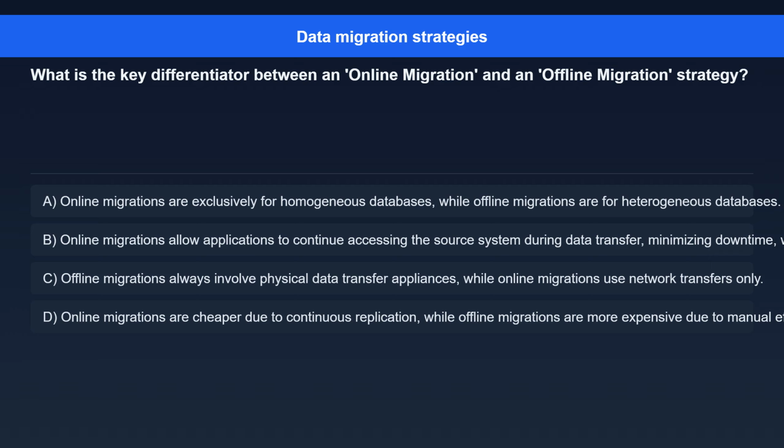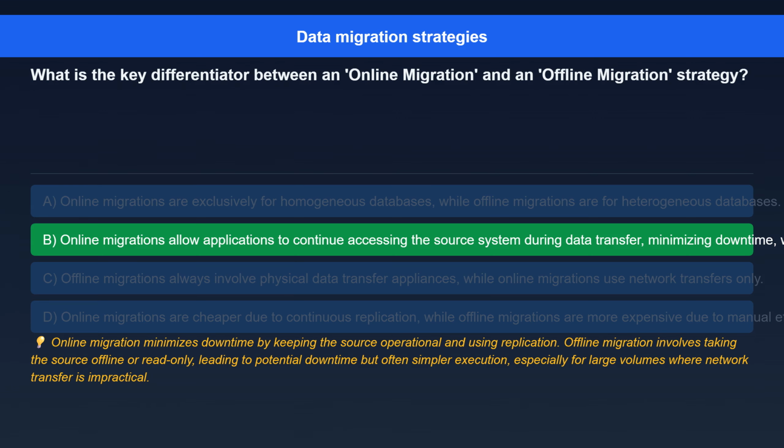Option C. Offline migrations always involve physical data transfer appliances, while online migrations use network transfers only. Option D. Online migrations are cheaper due to continuous replication, while offline migrations are more expensive due to manual effort.